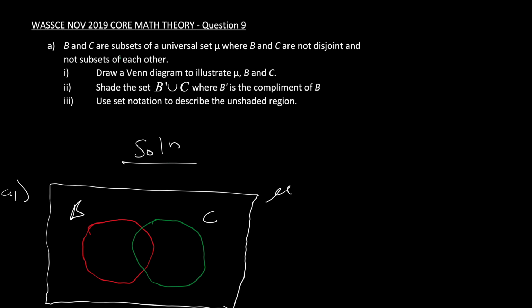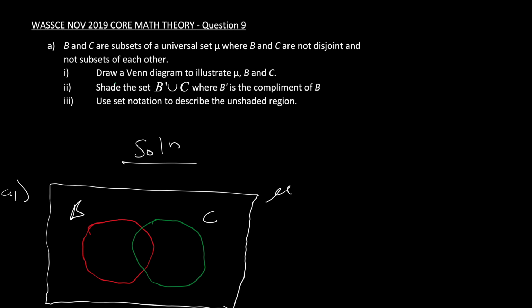We are told that B and C are not disjoint. It means they are joint, or connected, so they intersect. And then B and C are not subsets of each other. So B is not a subset of C and C is not a subset of B. They just intersect at a point. So this will be our information on a Venn diagram.